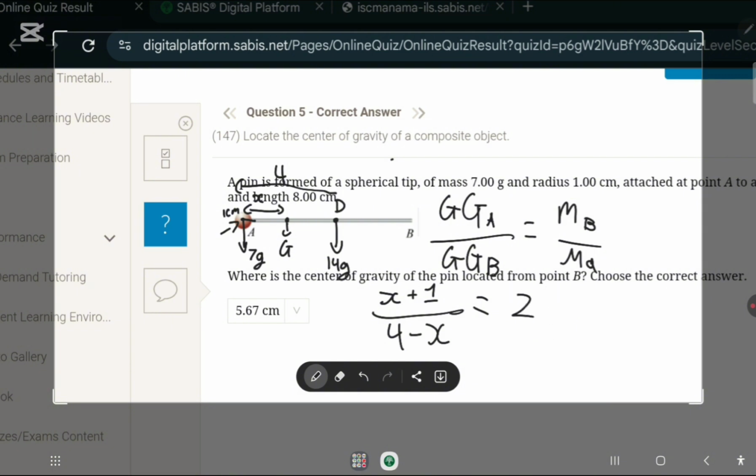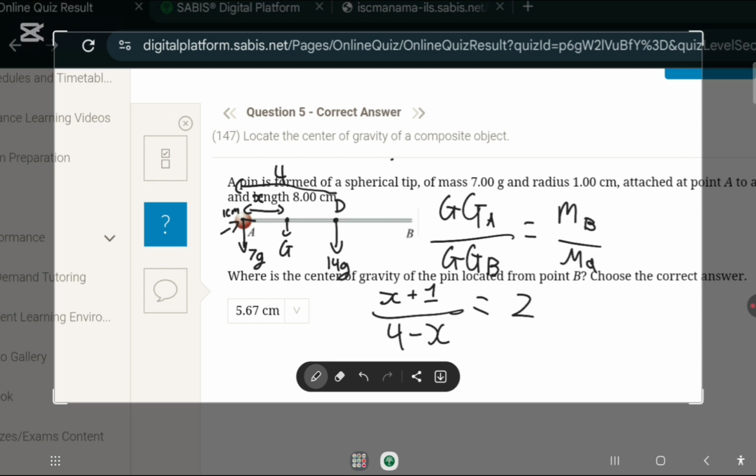Okay, put it into the calculator: x plus 1 over 4 minus x equals 2. You get 2.33.